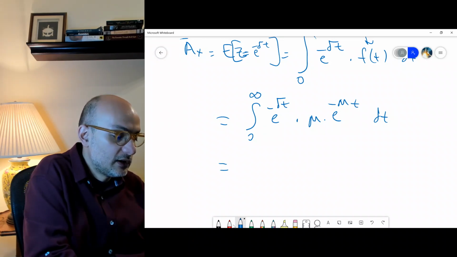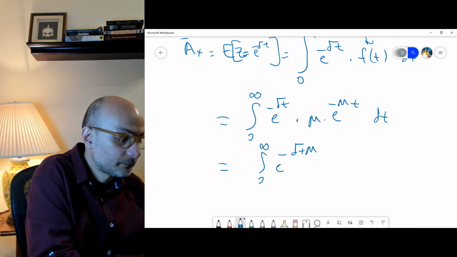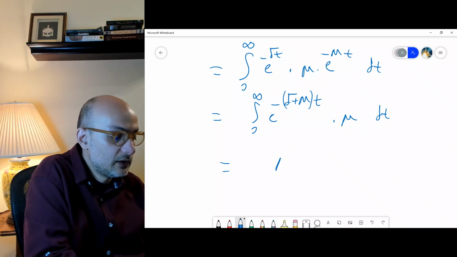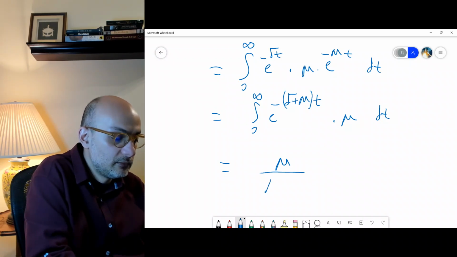You can simplify it first into e to the minus delta plus mu t, and you have left mu dt. If you integrate it, you would get this nice formula. It's very easy, right? You take this one in the denominator. We've done it before, so you will get mu over mu plus delta.